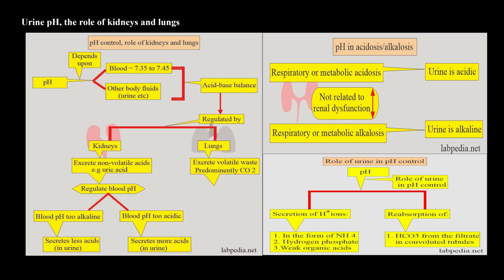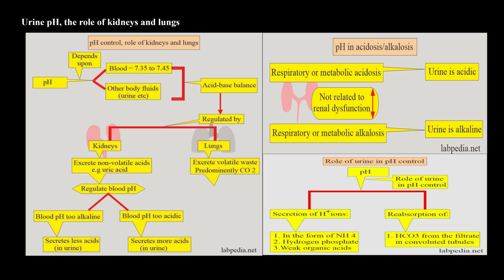The pH of the blood and other fluids, the acid-base balance, is regulated by the kidney. Acidic products include uric acid and other acids, potassium, and CO2.